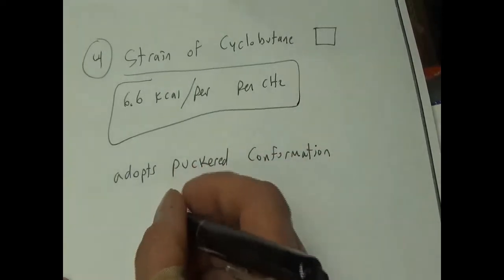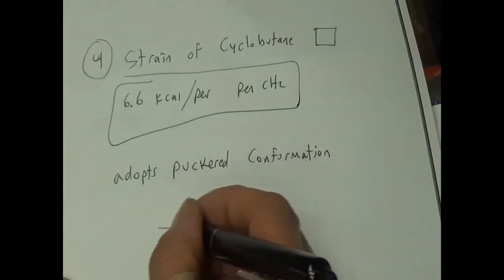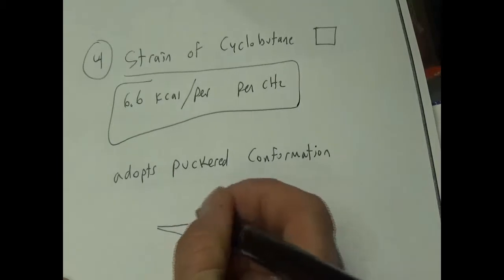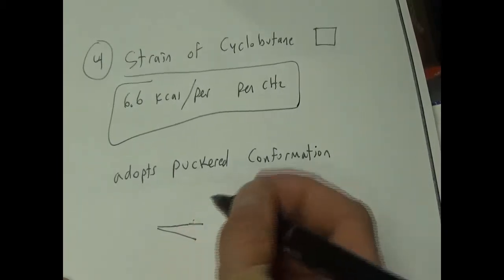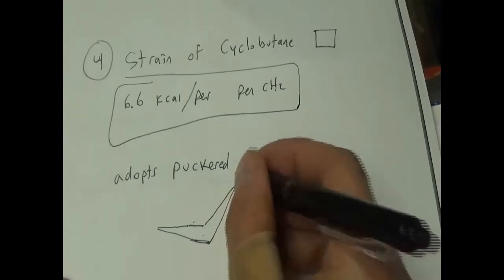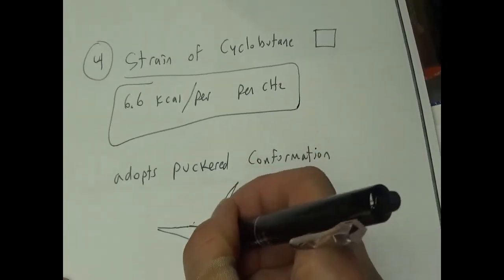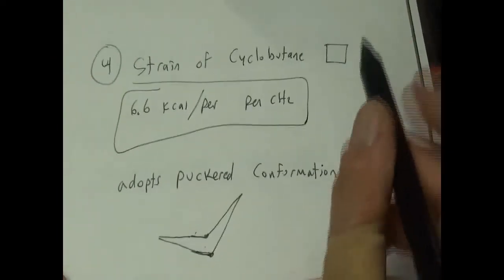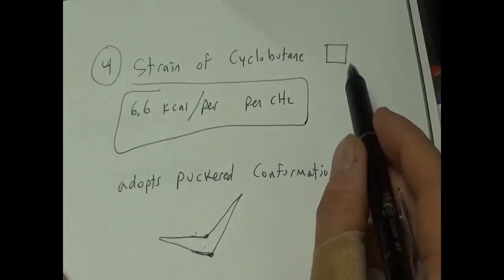I'm going to draw it kind of like this. Okay, so it's not a square. That's the thing, you look at that and you're like, oh, it's a square, right?